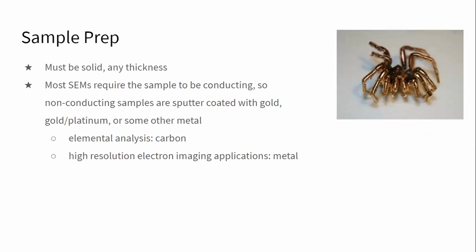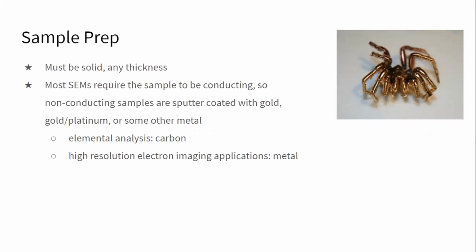So sample prep. In this instrument, the sample must be solid, but it can be at any thickness. So it also requires that the samples be conducting. So sometimes if you have an insulating sample, they will sputter coat the sample with like a metal or some other type of element.